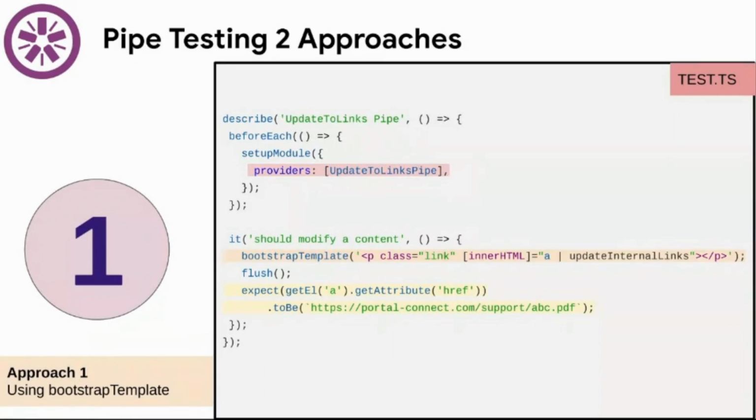Then one approach is using the bootstrap template, which we have already looked at. For a directive we also have the same logic. But many times, suppose we are using a pipe for converting to camel case, instead of adding one more attribute like an anchor tag with href, we just want our text to be in camel case.